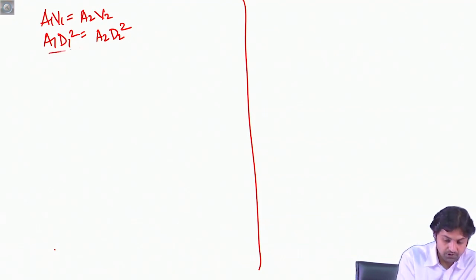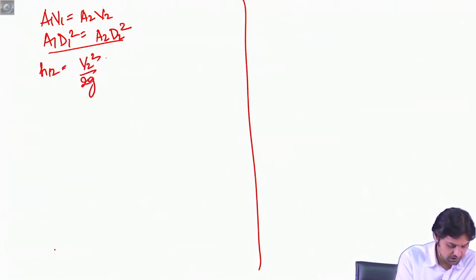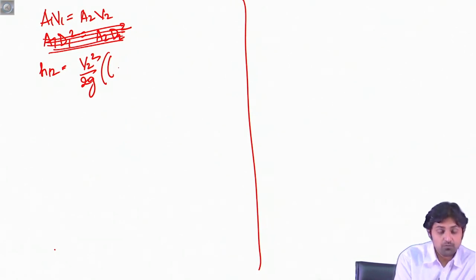Using this we can write H12 in terms of V2 square by 2g. So we can transform V1 and V2 in the form of D2 and D1.